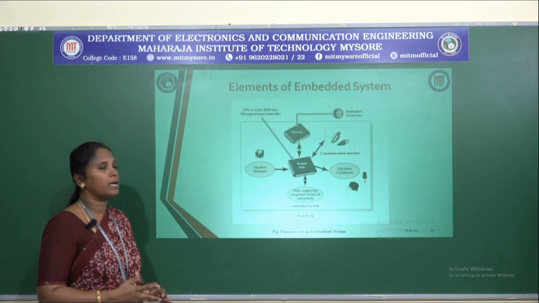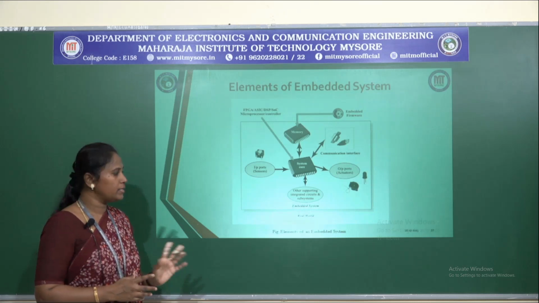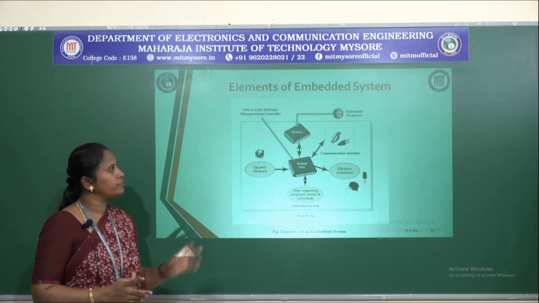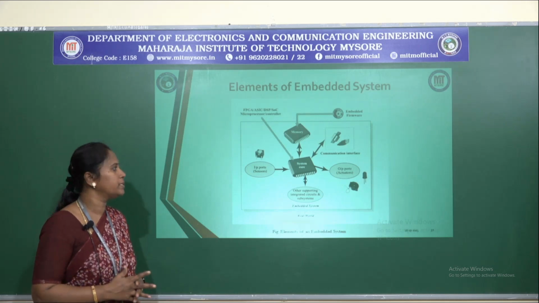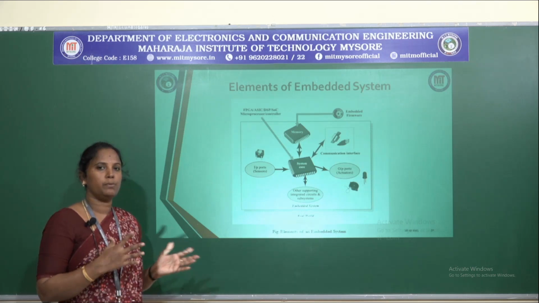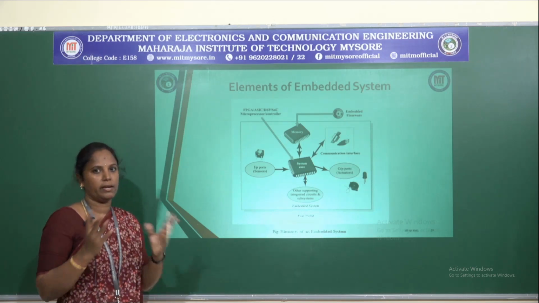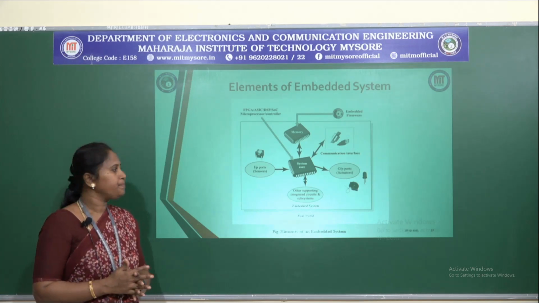So the next topic is related to the elements of an embedded system. As you can see in the picture, we have numerous elements present in any given embedded system. Of course, the common things we have are an input device, an output device, and a processing or controlling unit.